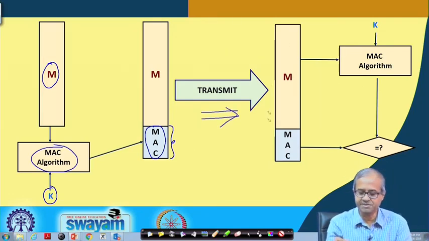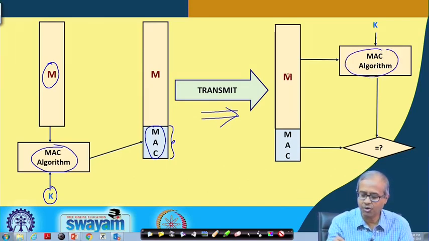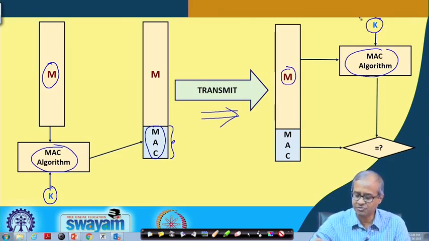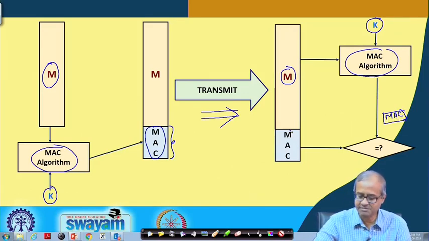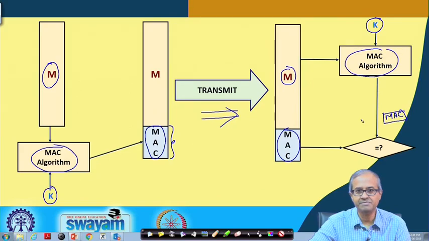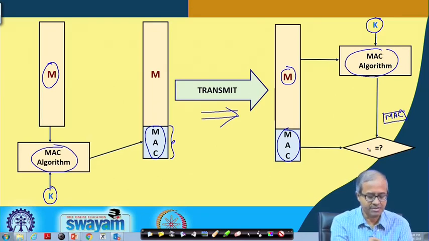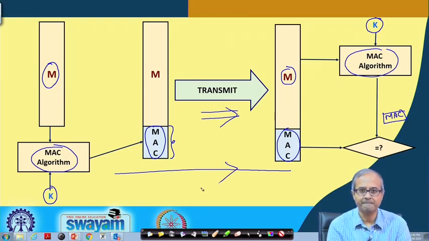The receiving end receives this whole thing. The receiver again runs this MAC algorithm on this message M using the same value of key. So, this will again generate a small message authentication code, MAC. If everything is fine, this MAC and that MAC should match. If they are equal, then you conclude that this message is actually coming from the sender, because this secret key is shared only between these two parties.